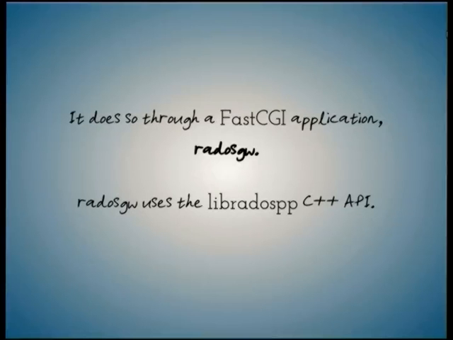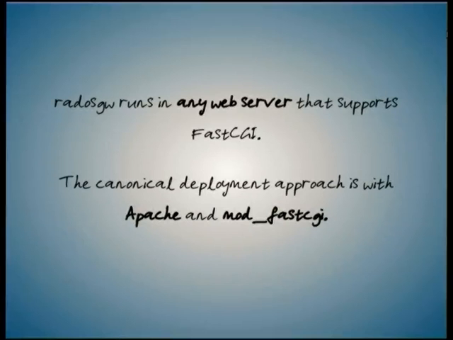And Ceph does that through a fastCGI application named Rados Gateway. And Rados Gateway itself uses the C++ API for Rados, called librados++, just in case you're interested. And Rados Gateway runs essentially in any web server that supports the fastCGI interface.